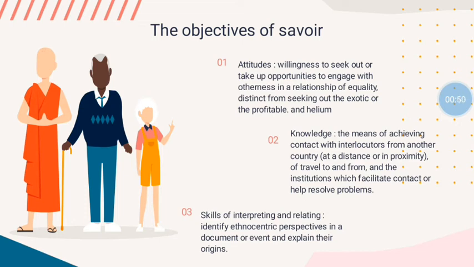For the second, knowledge. The objective is the means of achieving contact with interlocutors from another country, of travel to and from, and the institutions which facilitate contact or help resolve problems.